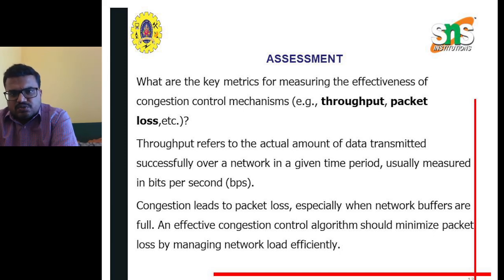Throughput refers to the actual amount of data transmitted successfully over a network in a given period of time, usually measured in bits per second. Congestion leads to packet loss, especially when the network buffers are full. An effective congestion control algorithm should minimize packet loss by managing the network load efficiently. So while processing throughput and packet loss, we need to follow the above parameters for better efficiency.